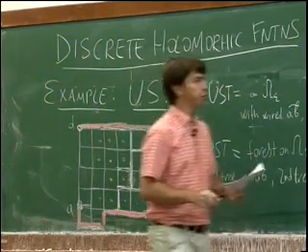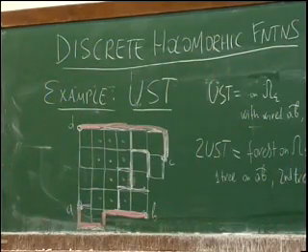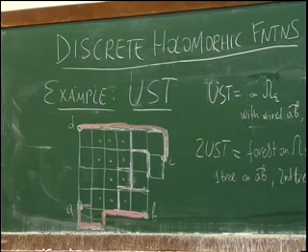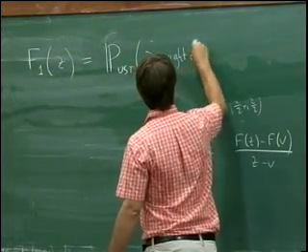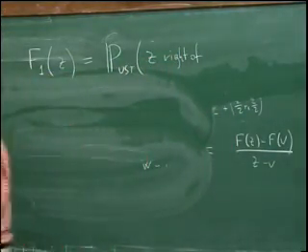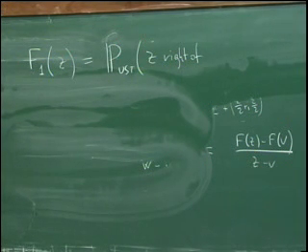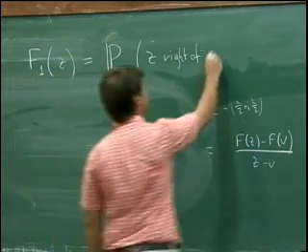So function f1 of z is the probability, for the UST model, that z is to the right of the connection in the tree between the top and bottom arc. So we look for the probability that z is to the right of, let's say, gamma.